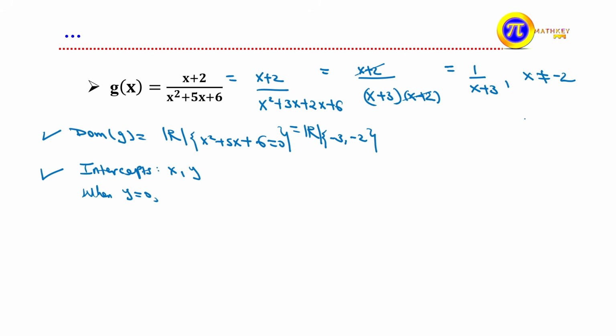So when y equals 0, 0 equals 1 over x plus 3, which implies 0 equals 1. What does this imply? This shows that there are no x-intercepts.